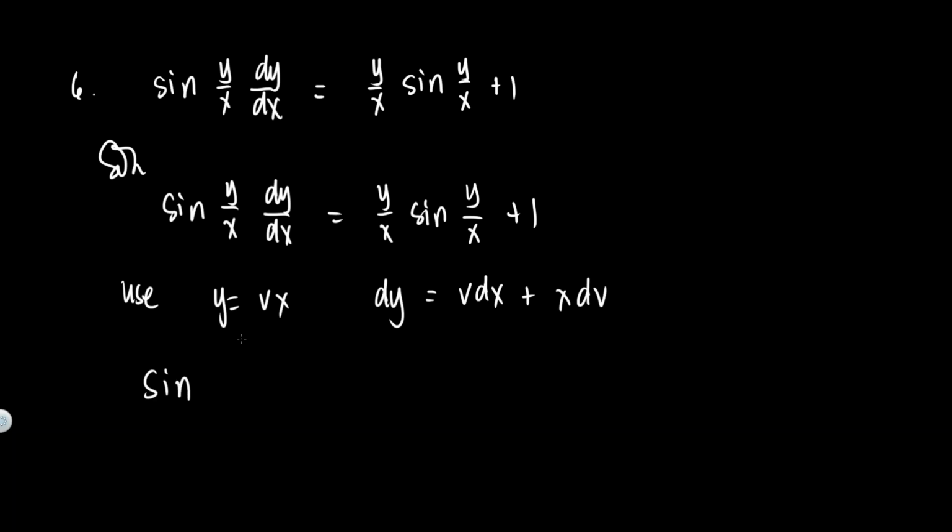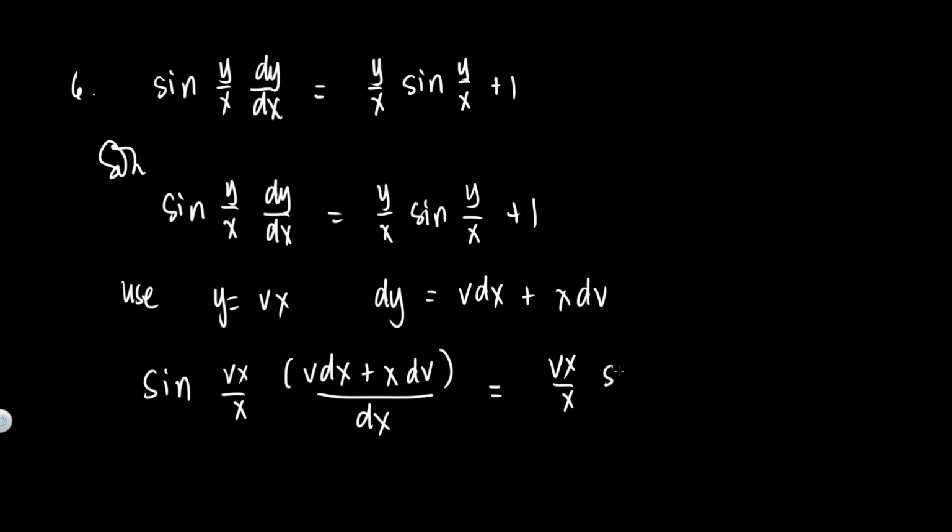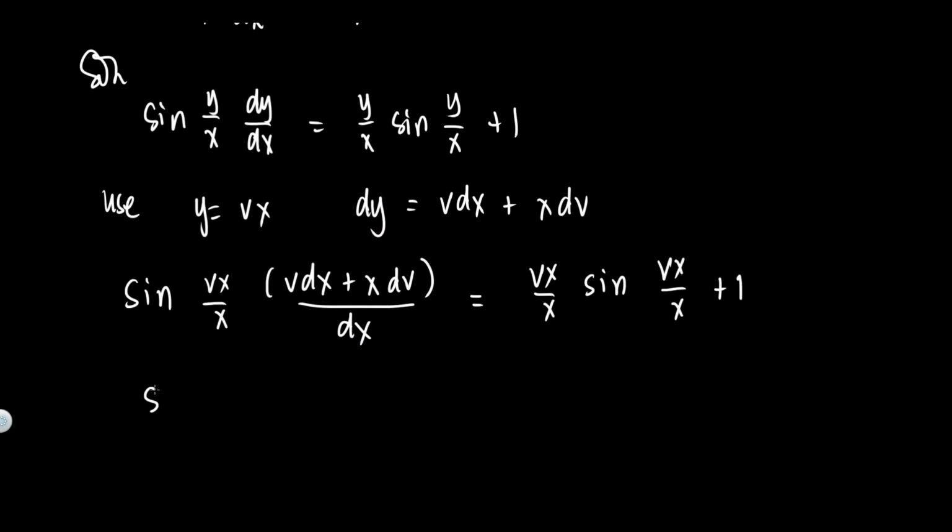So we have sine of vx over x. dy is v dx plus x dv, okay, over dx. Okay, then equals vx over x times sine of vx over x plus 1. Okay, what happened here? We have sine v. Then this one is v plus x dv over dx. Okay?